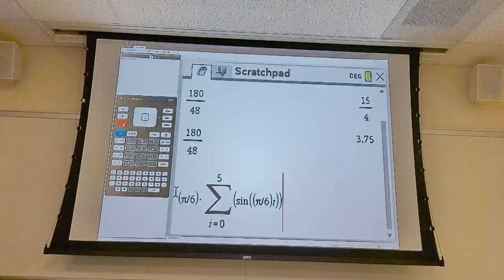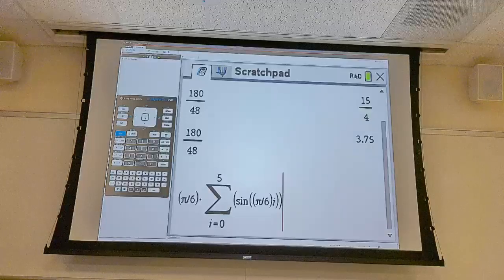No, I'm doing the left endpoint for this one. Oh, you're integrating. Now I'm good.